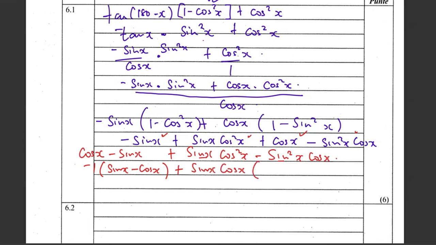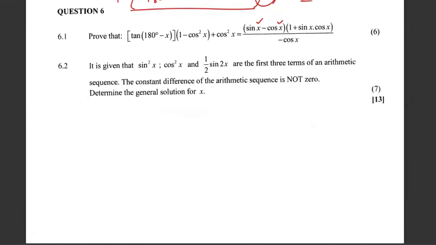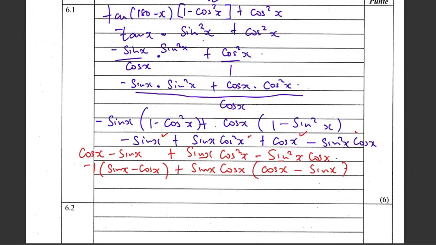I'll be left with just a cos x minus a sine x. What do we have? Is it cos minus sine? Oops, it's sine minus cos here. Oh, this is cos minus sine. What did I do wrong? What did I mess up?